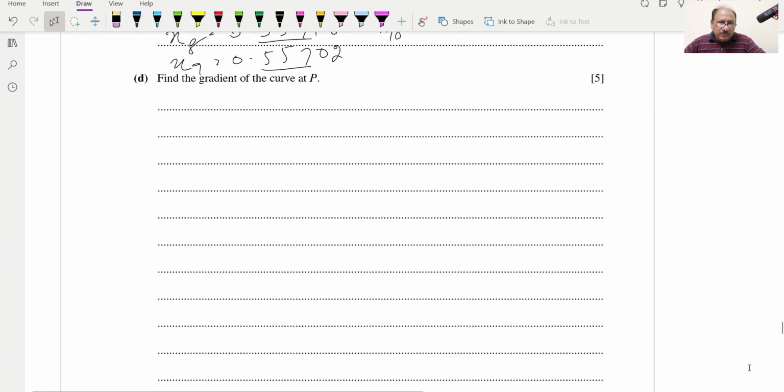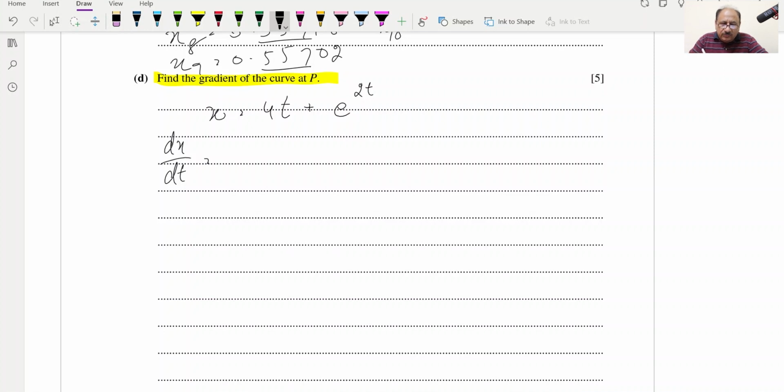Now part D says find the gradient of the curve at P. So for the gradient of the curve at P, x equation is given as 4t plus e raised to power 2t, and dx by dt, we'll be using the chain rule.